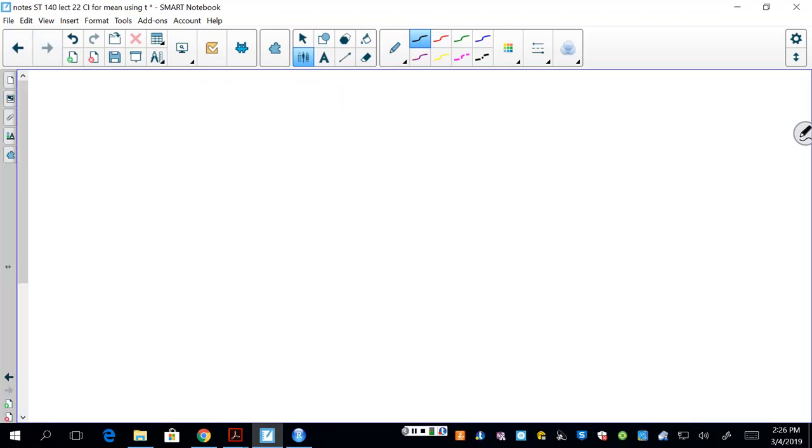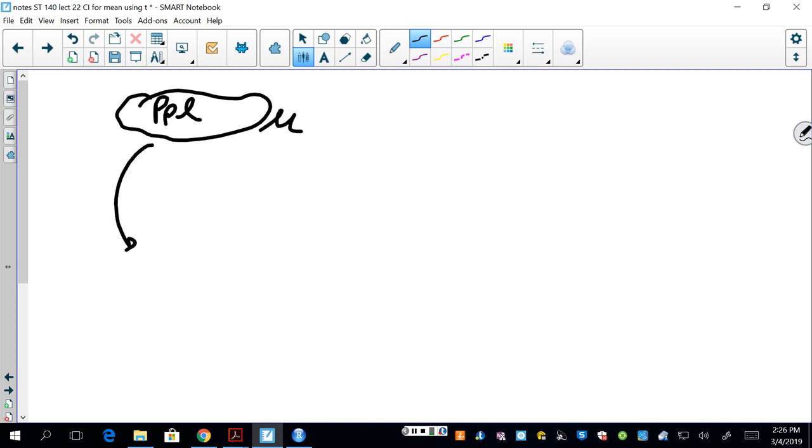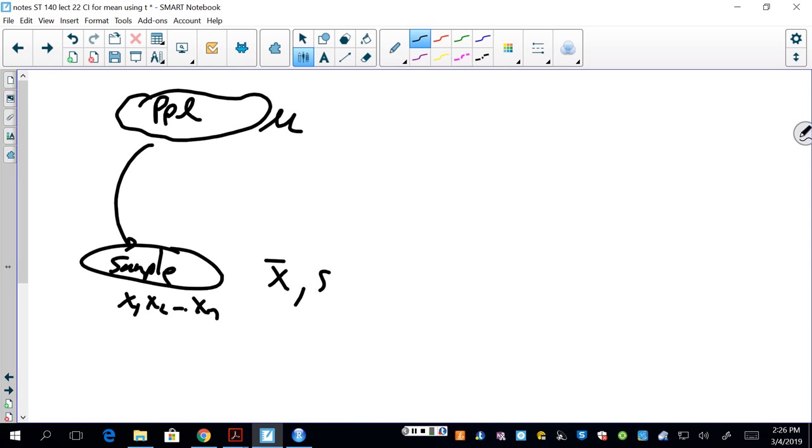So where are we in terms of big ideas? We had the population and some value of mu that we want to know, and we take a sample, we get data x1, x2, through xn, and based on this, we're going to calculate x bar and s.